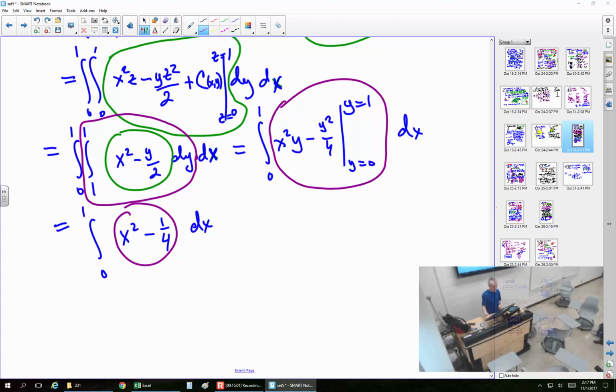As you can see, there are no y's inside that little circle. And then I just integrate with respect to x, so I'll have x cubed over 3 minus 1/4 x from 0 to 1, and I end up with 1/3 minus 1/4, which is what?